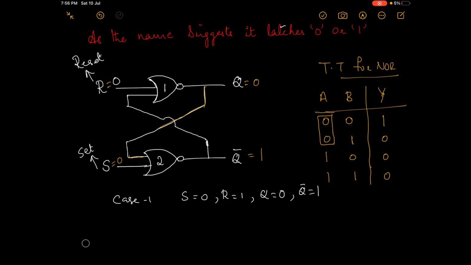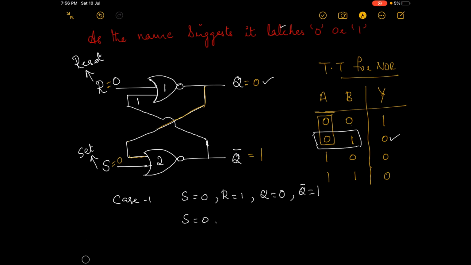So here from this output, that is Q bar equal to 1, you will get the input to the first NOR gate as 0 and 1. So when you give 0 and 1 as the input, the output is 0. That is, Q is equal to 0.